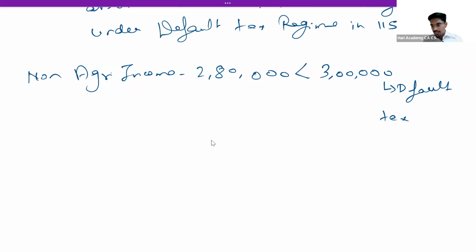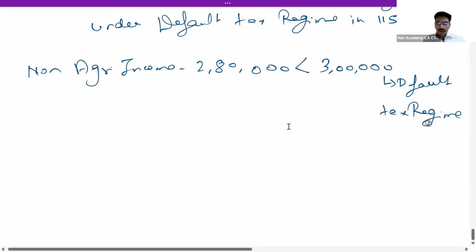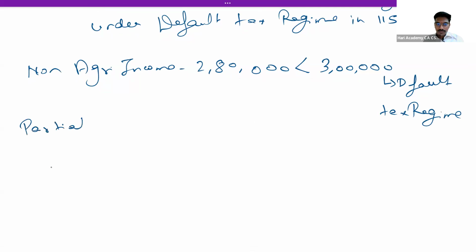You can check that. Since the person has opted for the default tax regime and his non-agri income is less than the basic exemption limit, partial integration method is not applicable.